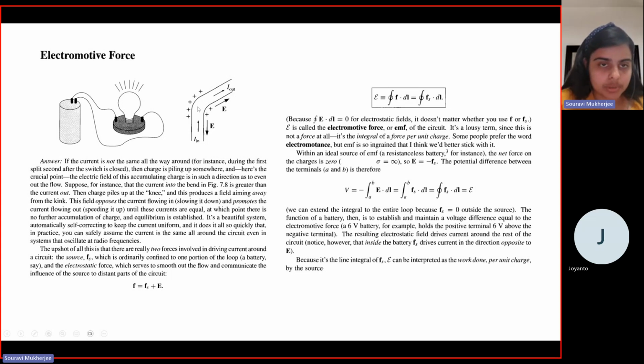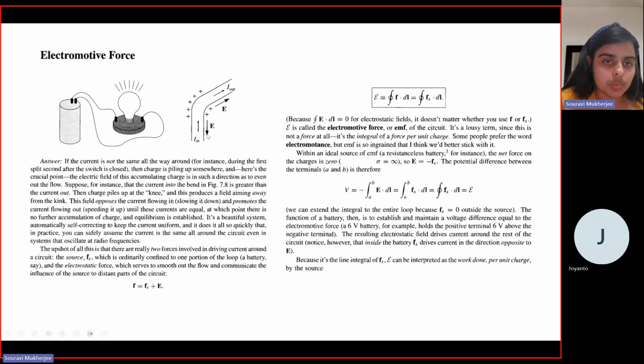So this accumulation of charge creates an electric field which is opposite to the direction of flow of your initial current. You can see here the electric field lines are pointing outwards from the kinks, because electric field lines emanate from the positive charges.